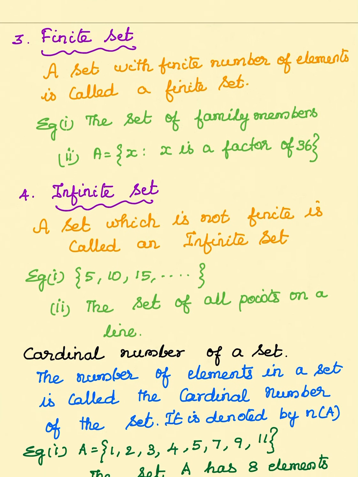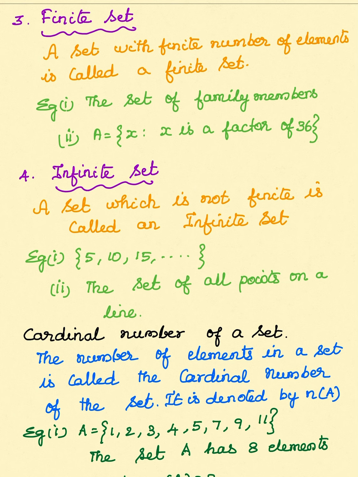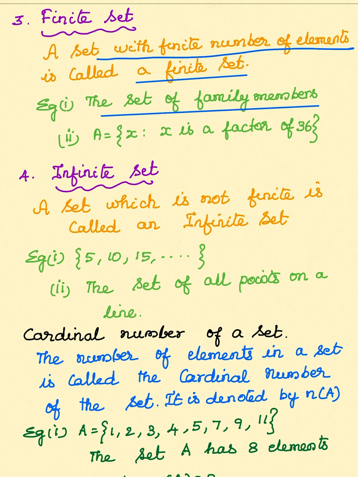Next we go to finite set. A set with finite number of elements is called a finite set. Finite number of elements means the number of elements in the set can be counted. See the set of family members. You know your family members, so it is a finite set. A is equal to x such that x is a factor of 36.